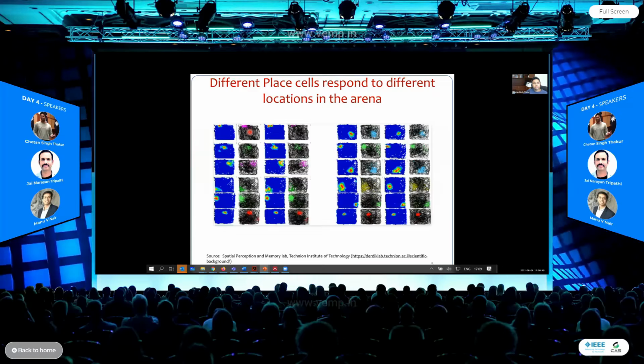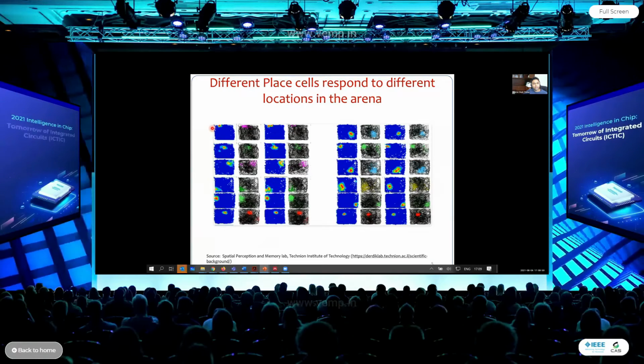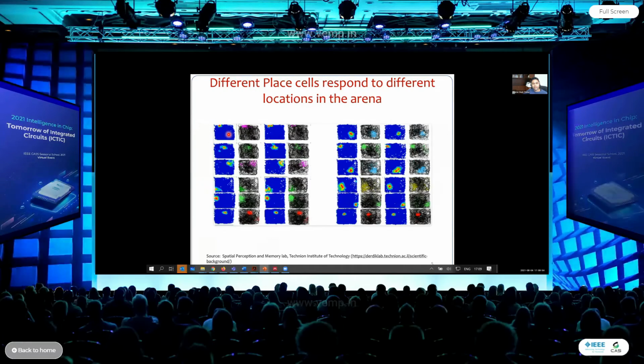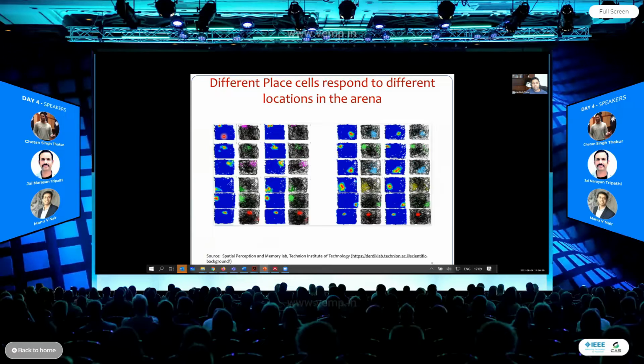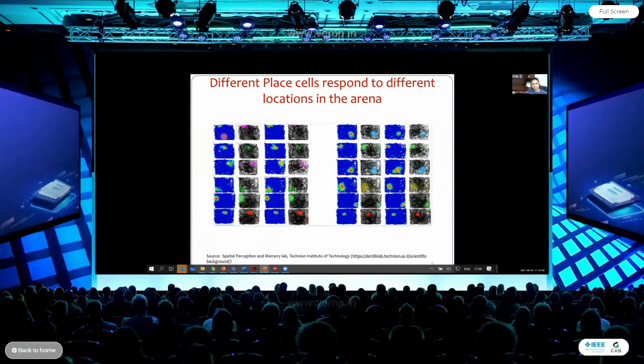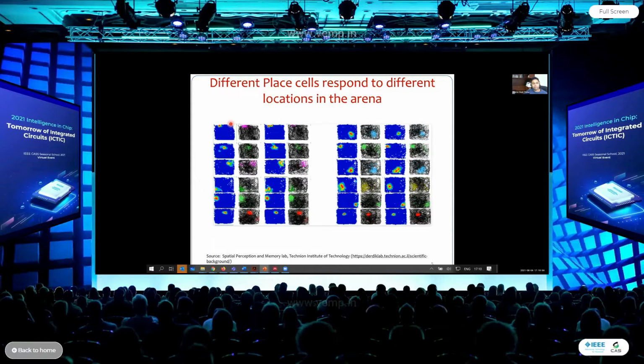All right, so different place cells respond in different parts of an arena. You can think of it as a square arena here, and the rat is running around in the environment, and different neurons, or place cells as we call them, are activated when the rat is at different parts of the arena.